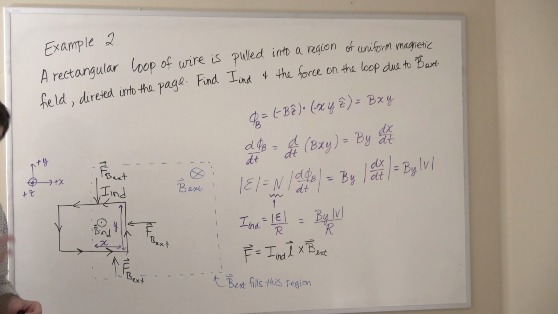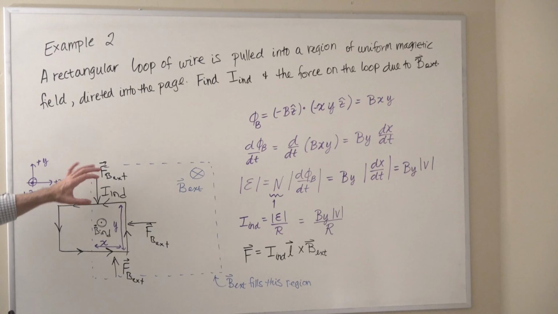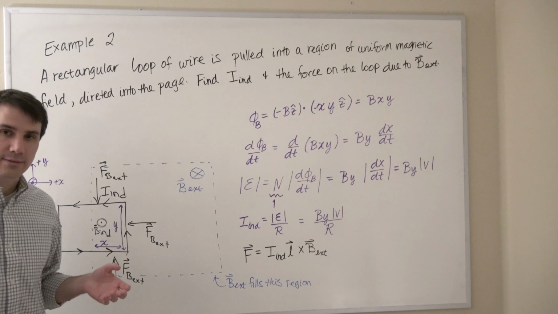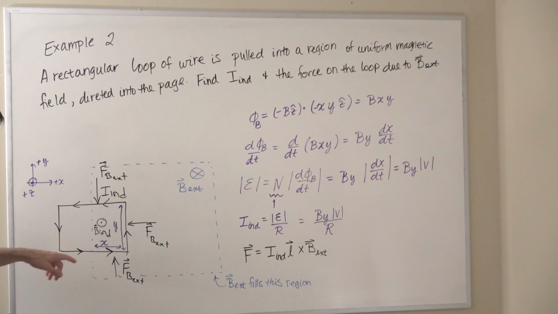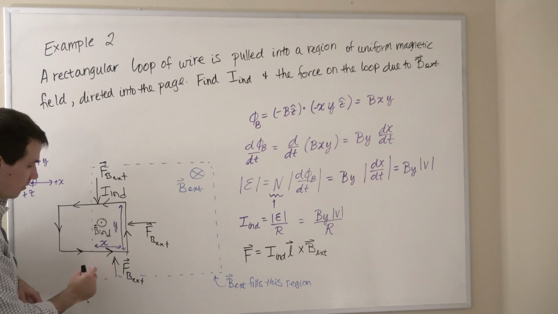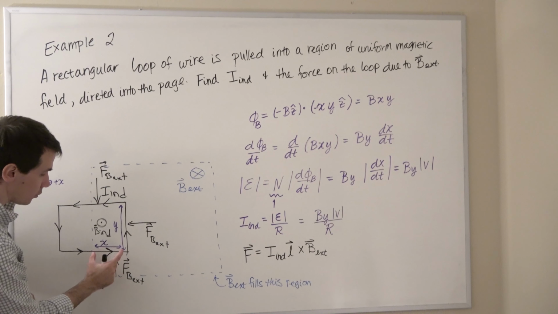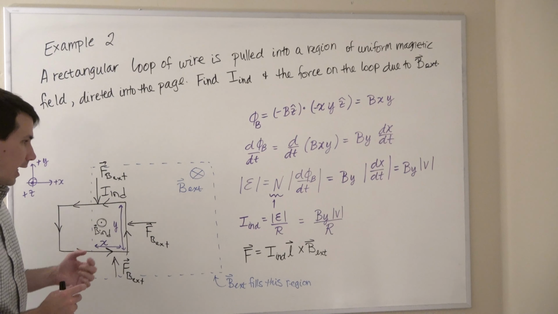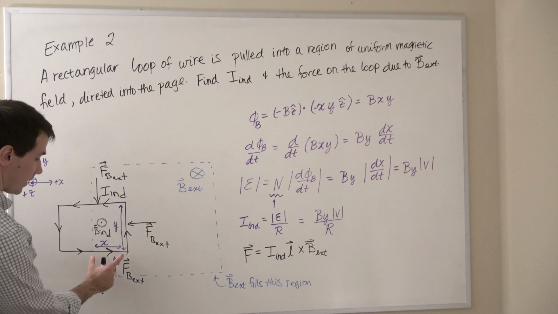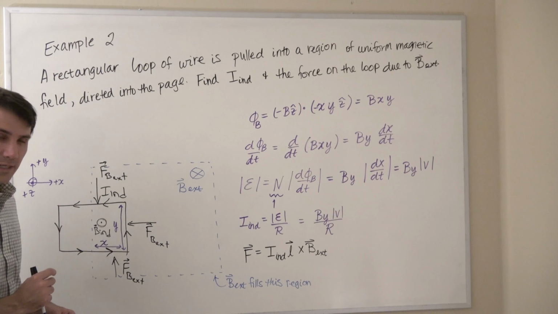Now, because I have an upward force and a downward force on my loop, these two forces are actually going to cancel each other out. How do I know that they're going to exactly cancel? Well, because of the symmetry of my loop, I know that the current in each of these sections is the same. I know that the length of each of these sections is the same.